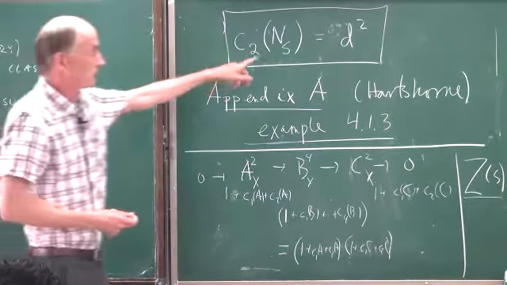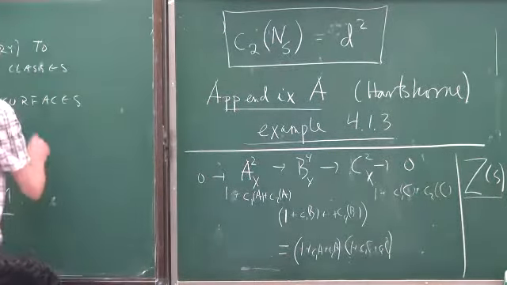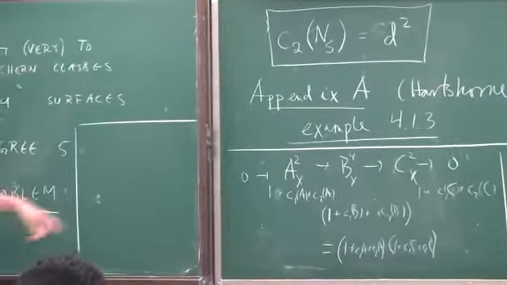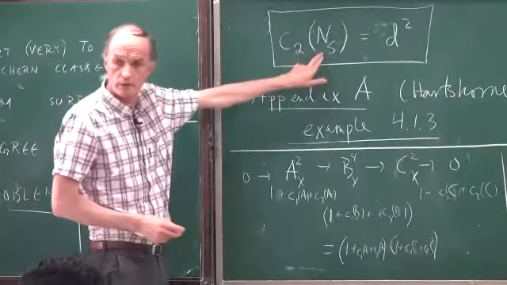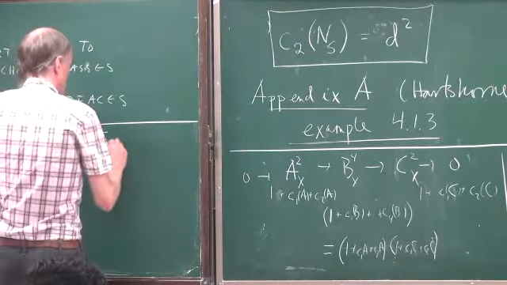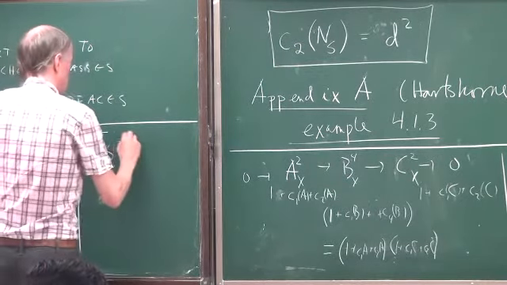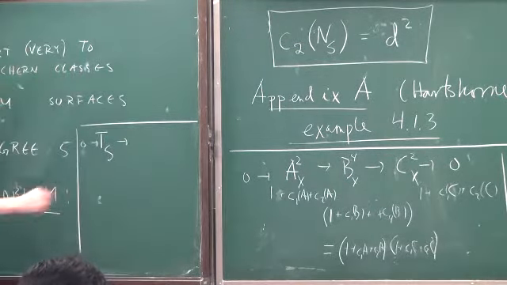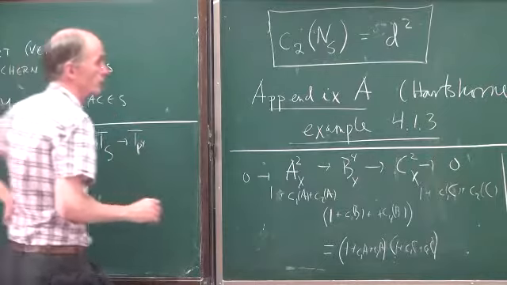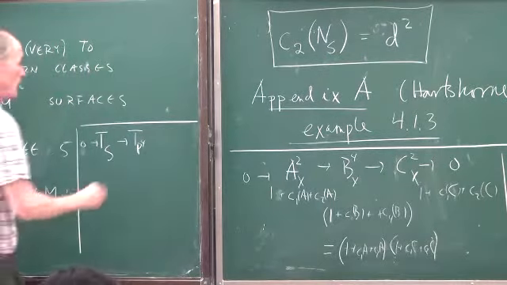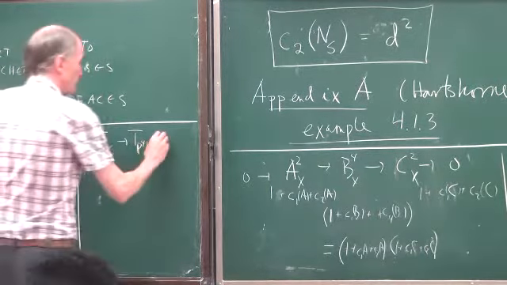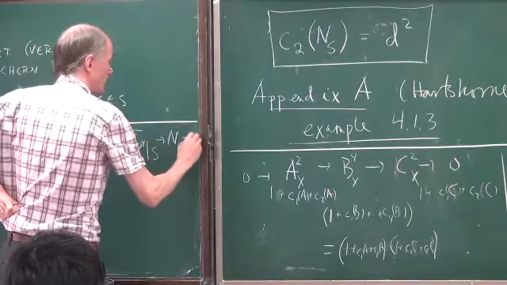And how would I apply this in that situation? Well, in that situation the normal bundle fits into an exact sequence. If you take the tangent bundle of your surface, embed it into the tangent bundle of P4 (remember, our surface S lies in P4), and restrict that to the surface, then the quotient is the normal bundle.